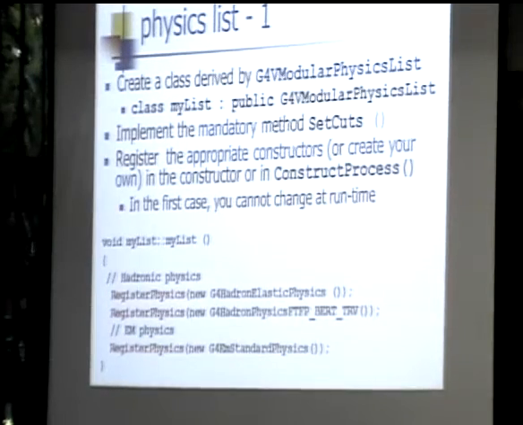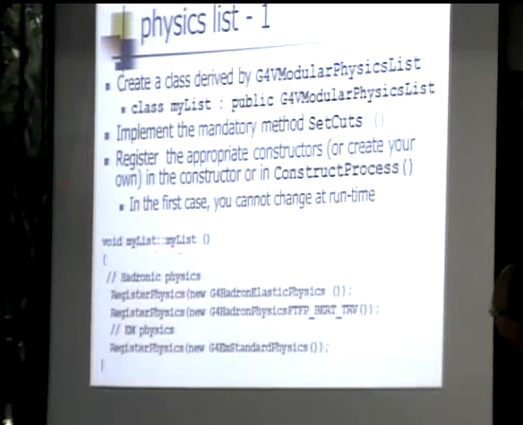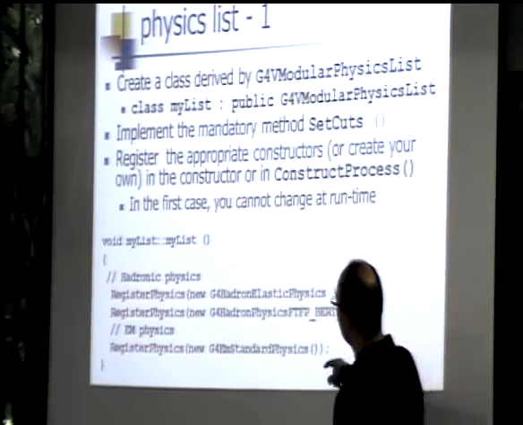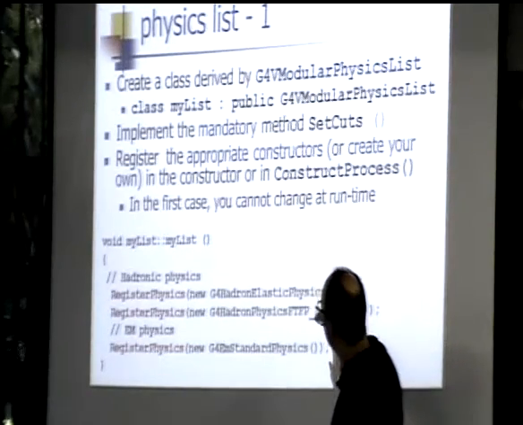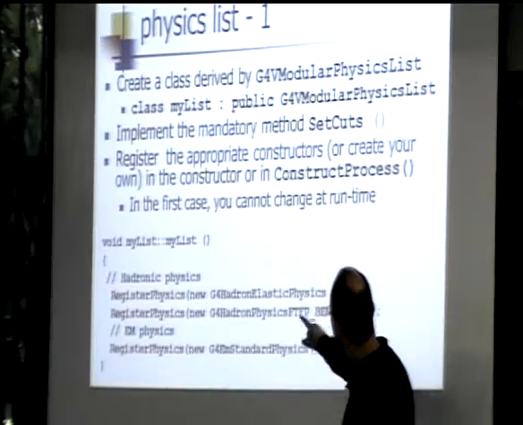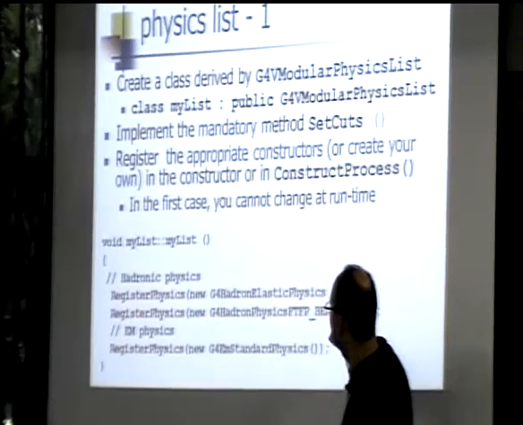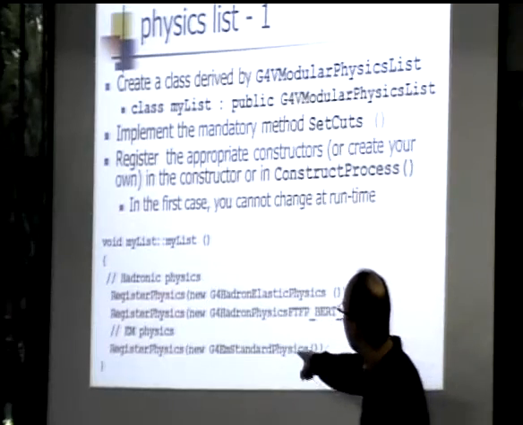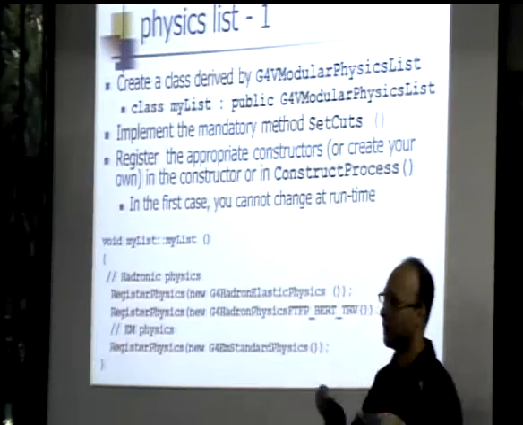So this is a piece of a physics list. Suppose that you want a modular physics list. This is your list, which derives from G4VModularPhysicsList, and you want to register those blocks. I want this block for hadronic elastic. I want this block for hadronic inelastic, so I'm taking the Fritiof plus the Bertini. And I want this block for the electromagnetic.